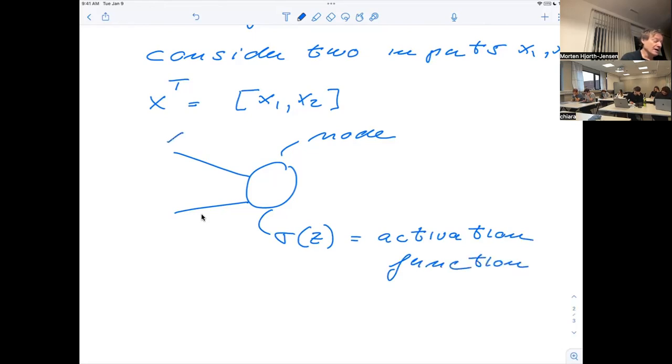Now we have an input x1 and x2. This input is transformed into this variable z, and then it produces an output. So this is our input. We can now think of this as an input layer.